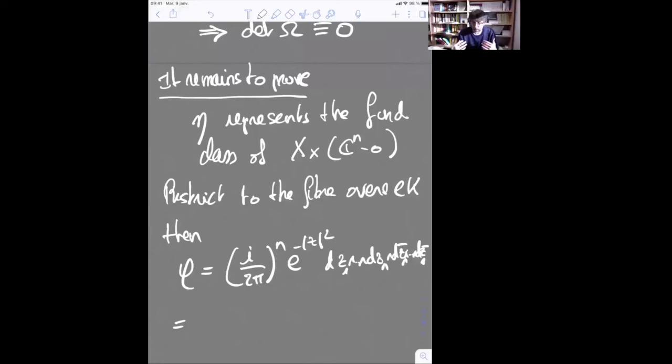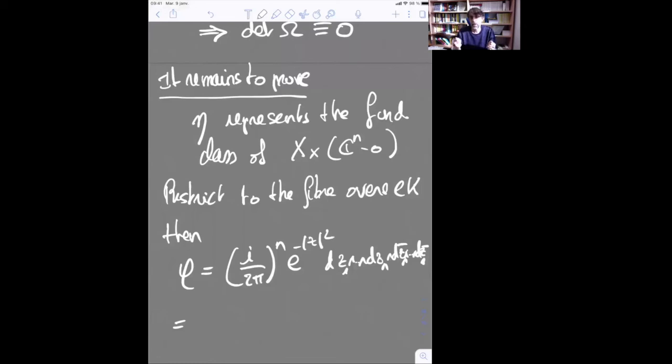So again, you have to remember that what we are trying to do is to lift equivariantly the fundamental class of Cn minus 0 to equivariant cohomology. So here there is a lift of the fundamental class of Cn minus 0 to X, which is contractible, times Cn minus 0.